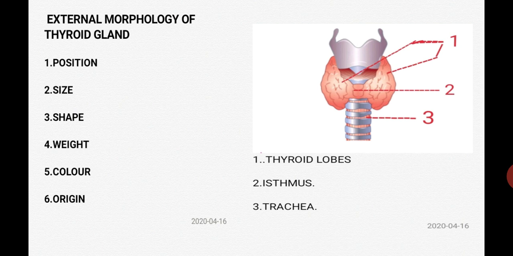Number 4, weight. It is 25 gram in weight. Color, brownish red. Origin, it is endodermal in origin. It has two lobes, and both the lobes are connected by one isthmus, and that isthmus is made up of connective tissue. That's it. This is about the external morphology of a thyroid gland.